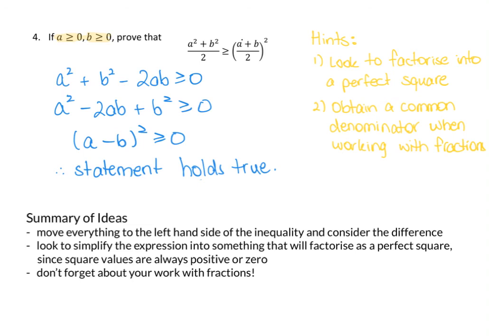If that's the case, then we're going to look to simplify the expression that's on the left-hand side into something that will factorise as a perfect square, since we know that square values are always positive or 0. And don't forget about your work with fractions. When we're trying to add or subtract fractions, the very first thing you always must do is find a common denominator, and that will generally show you where you need to head with your simplification from there.